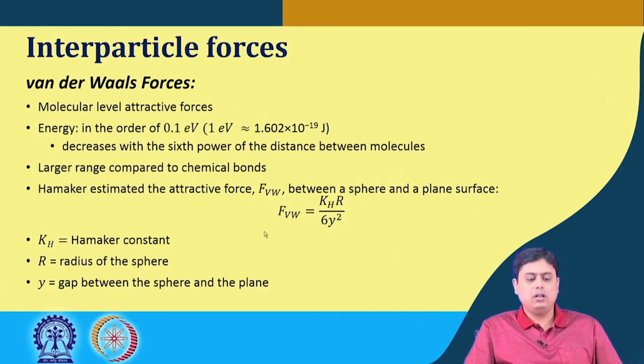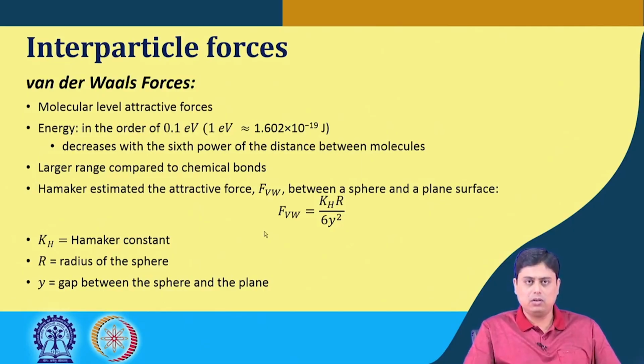The energy level of these forces is on the order of 0.1 electron volt, where 1 electron volt is roughly equal to 1.6 times 10 to the power minus 19 joule, and this energy decreases with the sixth power of the distance between the molecules.